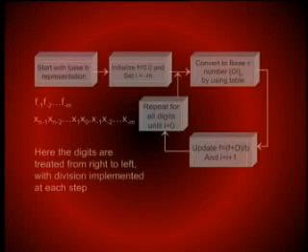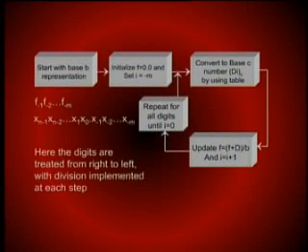Now let us have another example of an unsigned fraction for base conversion. We convert from base B to a computer base C. The number is mentioned as point f minus 1, f minus 2 up to f of minus m.